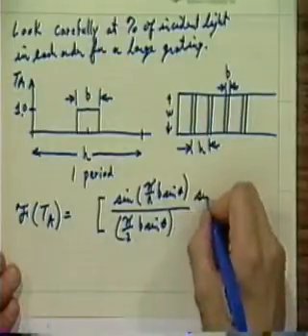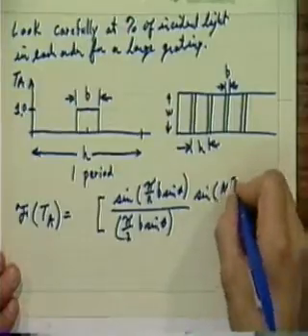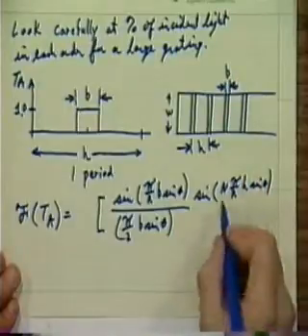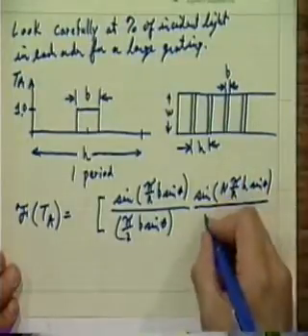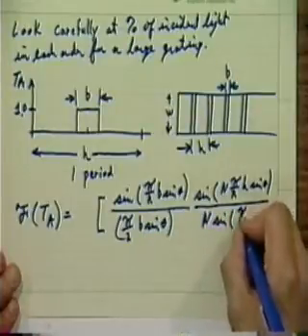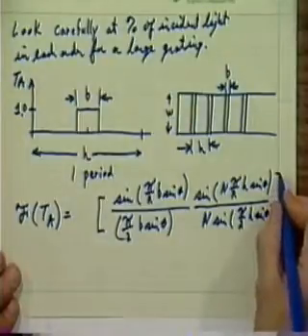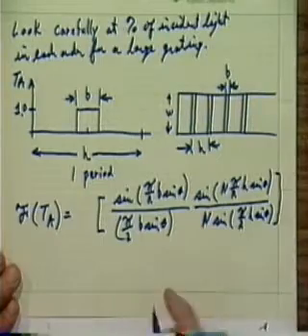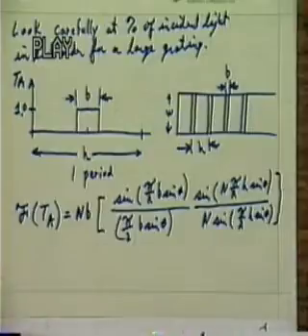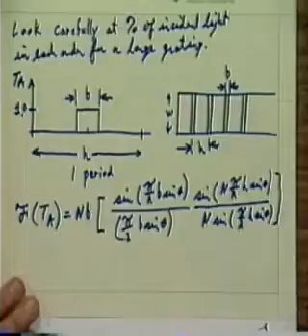And we had the sine of n pi over lambda h sine theta, and down in the basement here we had an n sine of pi over lambda h sine theta. Put a bracket there. And normalize this, we'll put an n and b here, b being the width of each one, and we have n of them.